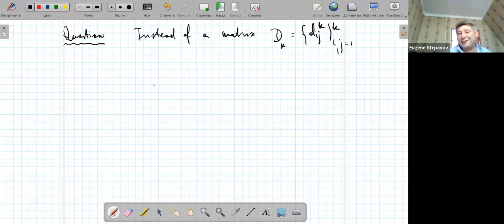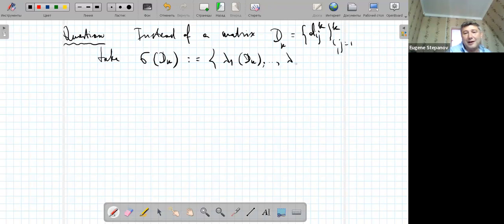For instance, I would like to take the spectrum, sigma of d_k, that is, lambda 1 of d_k, etc., lambda k. Question: what does the spectrum sigma of d_k determine?